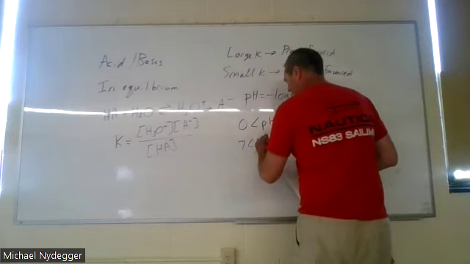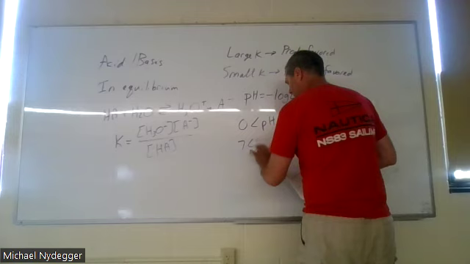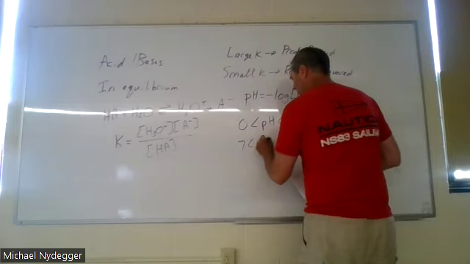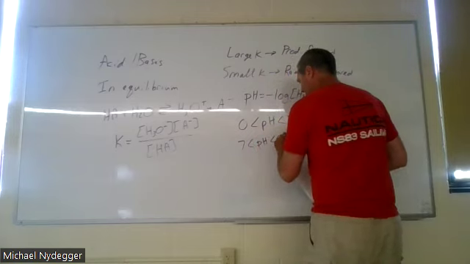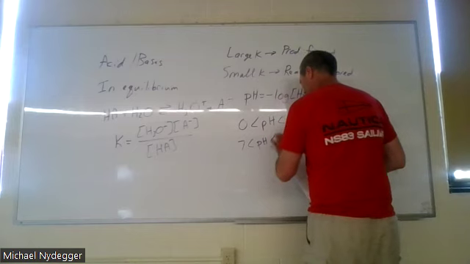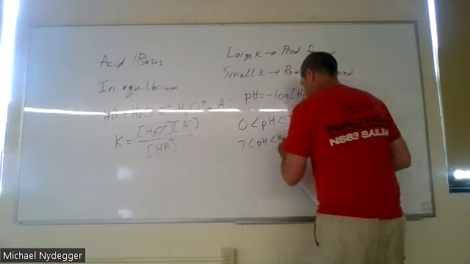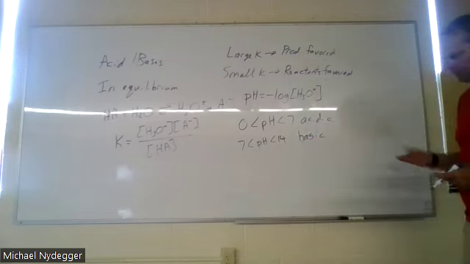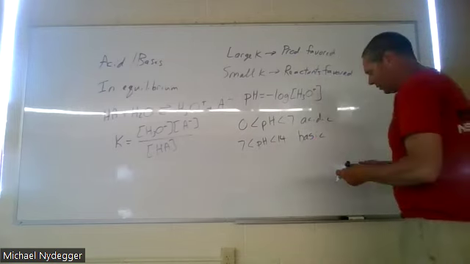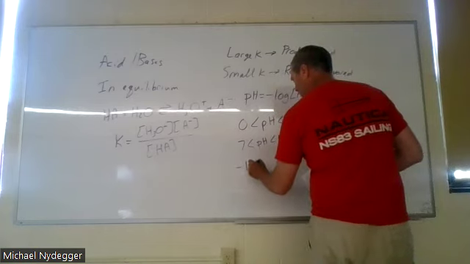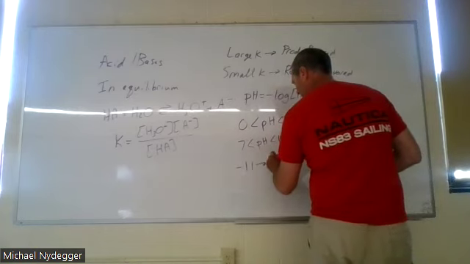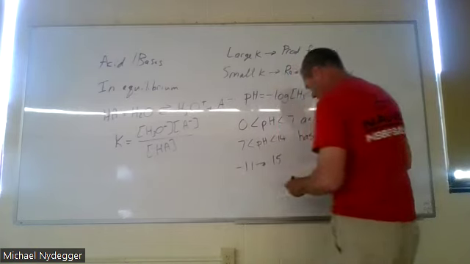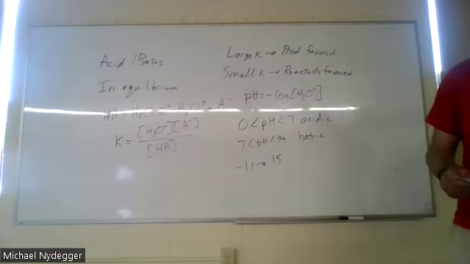If we have a pH of 7 and greater, we know that's going to be basic. The actual range, the real range, is really negative 1.1 to 15. Okay.